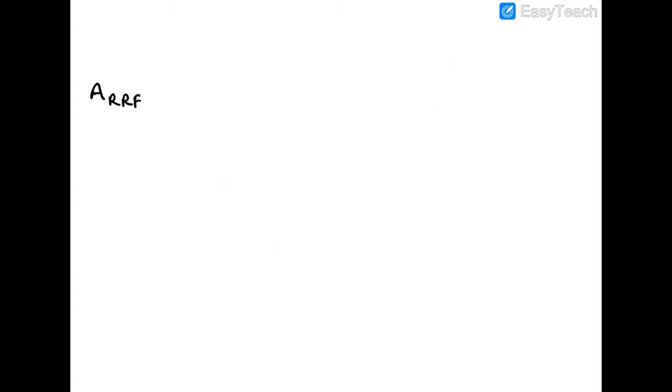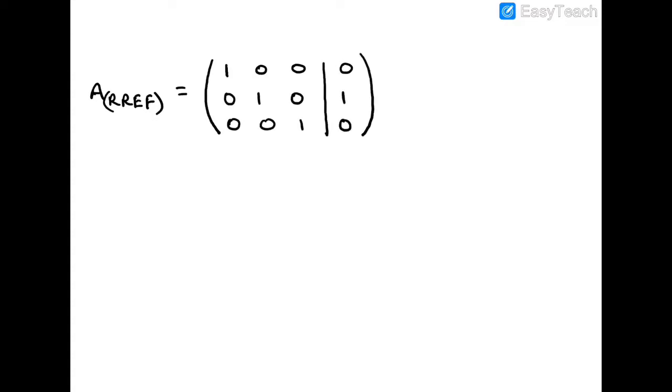Now let's take the reduced row echelon form of A, that is 1 0 0 0, 0 1 0 1, 0 0 1 0, and as we can see that leading entries for row 1, 2 and 3 are 1.